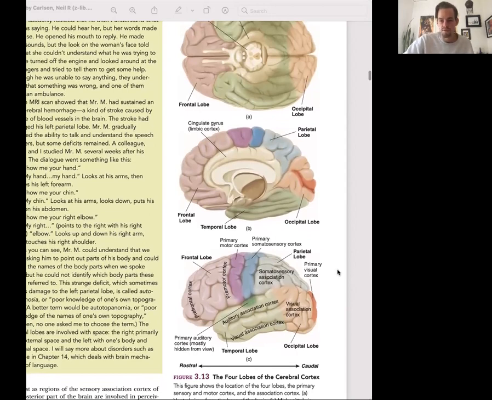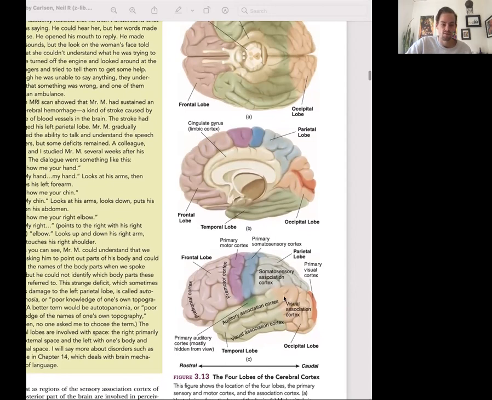So circuits of neurons in the sensory association cortex analyze the information received from the primary sensory cortex. Perception takes place there and memories are stored there. So the association cortices include most of the cerebral surface of the human brain.